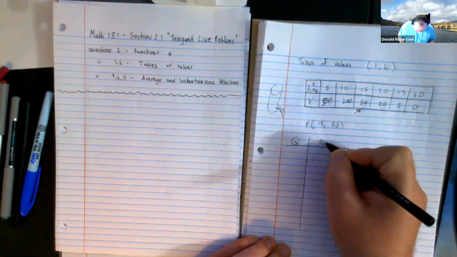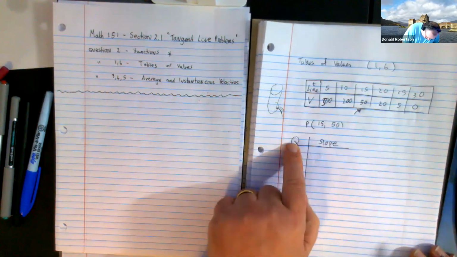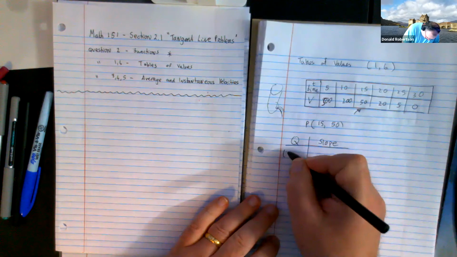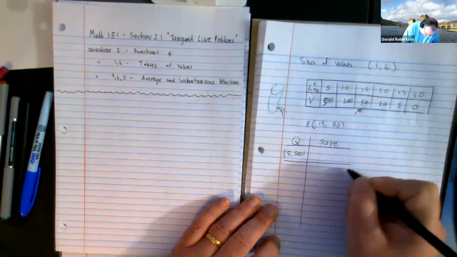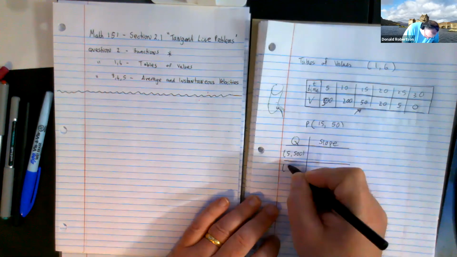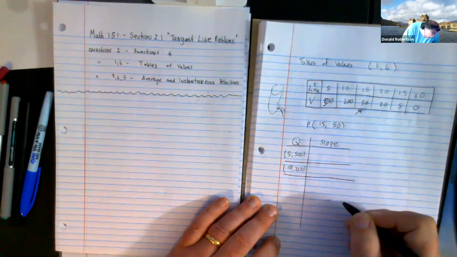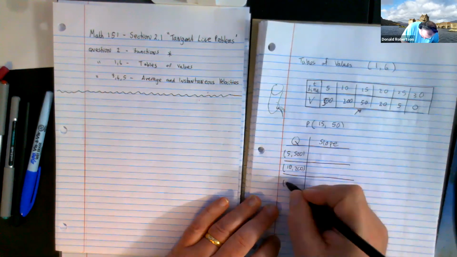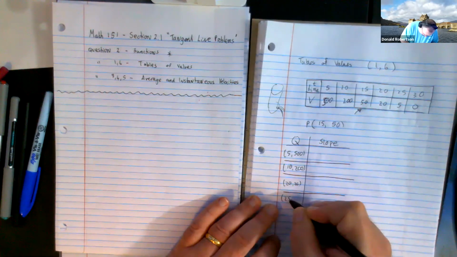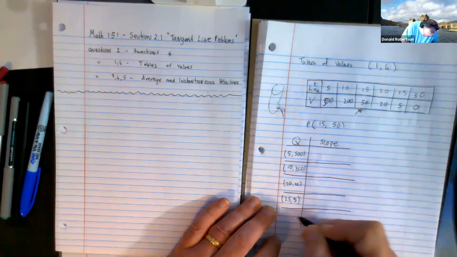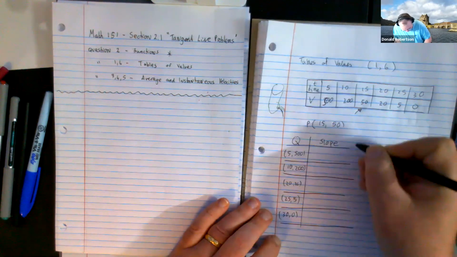The slope from this point to Q, and Q is going to be 5, 500, and then 10, 200. I can't use that one, that wouldn't be very useful. That one, that one, and that one. And here you put your answer.